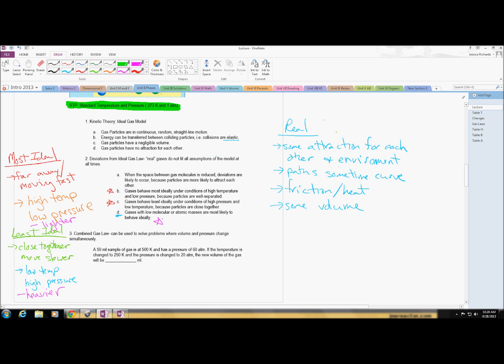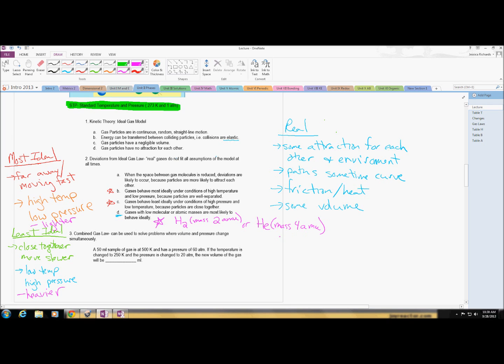And so our two smallest gases, the ones that have the lowest mass and the smallest volume, are going to be hydrogen gas that has a mass of 2, and we call them AMUs, atomic mass units, or helium, which has a mass of 4 AMUs. So those are the really tiny guys.